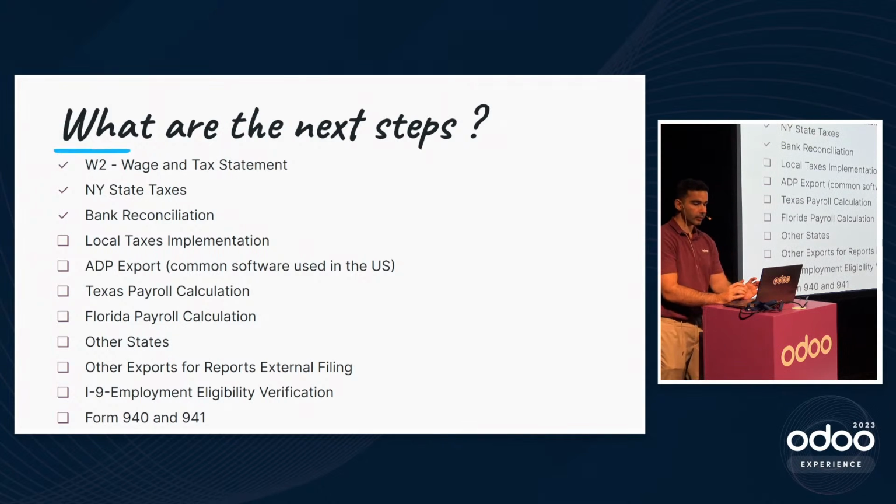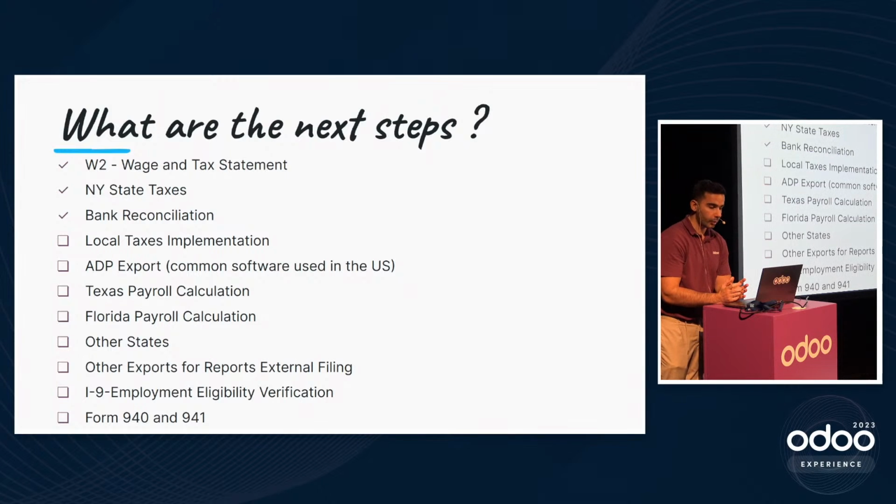After California, we developed the salary rules for the state of New York. Then we improved the bank reconciliation process for the companies outside of the SEPA zone. After that, we would like to implement some local taxes, for example, in the state of New York. We will also develop an export mechanism for the ADP software that is commonly used for US payroll.